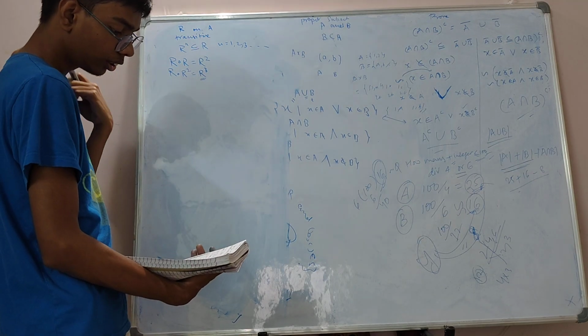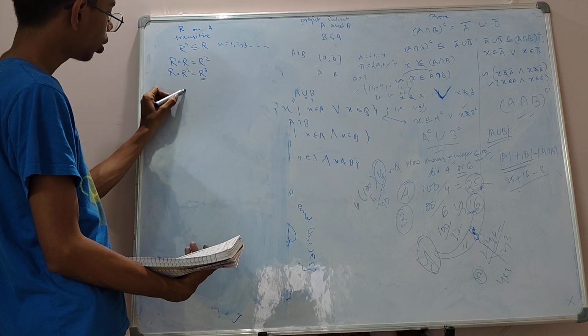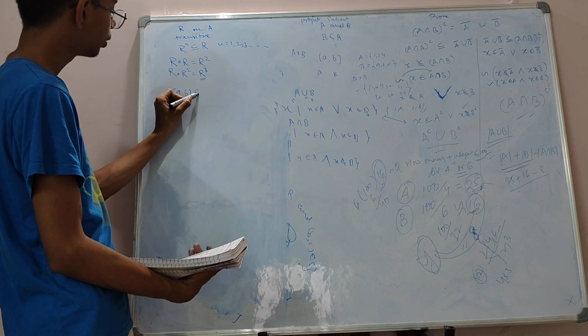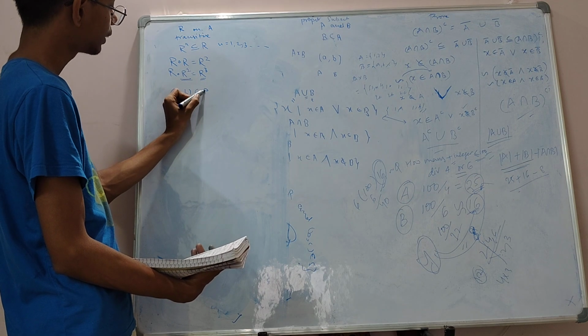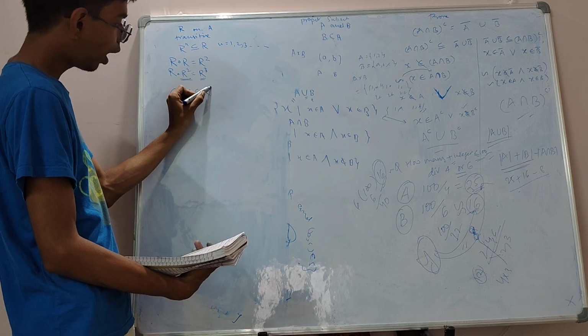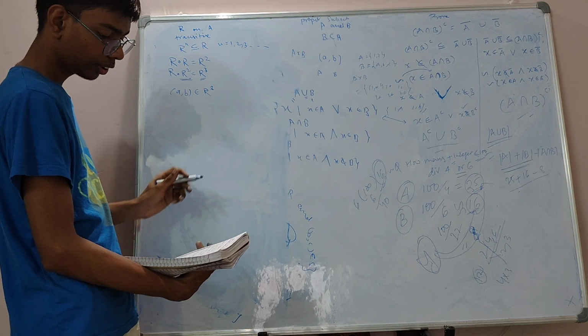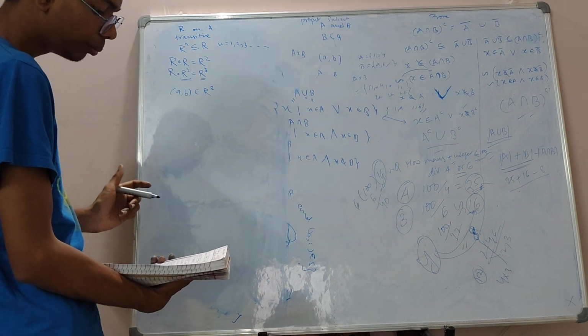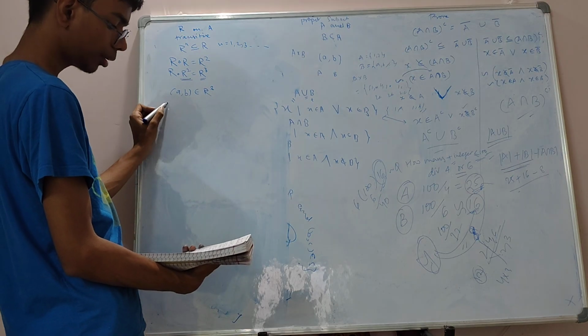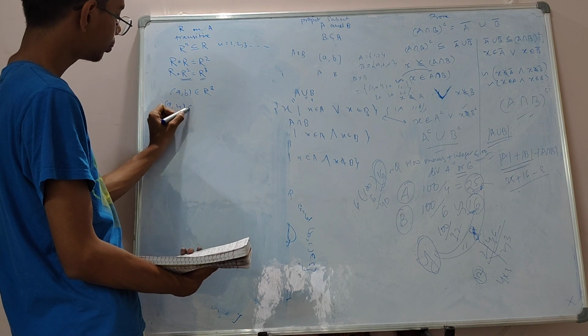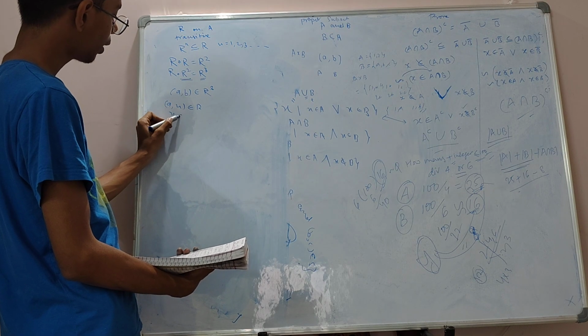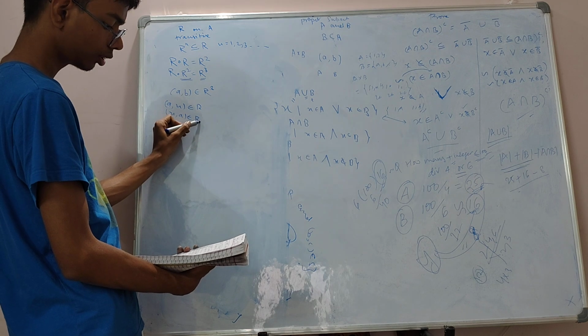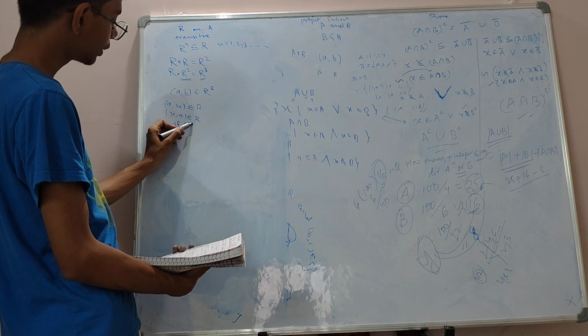So suppose there exists a comma b which belongs to R composed with R itself. It will mean that there exists some a comma x which will belong to R and x comma a which also belongs to R.